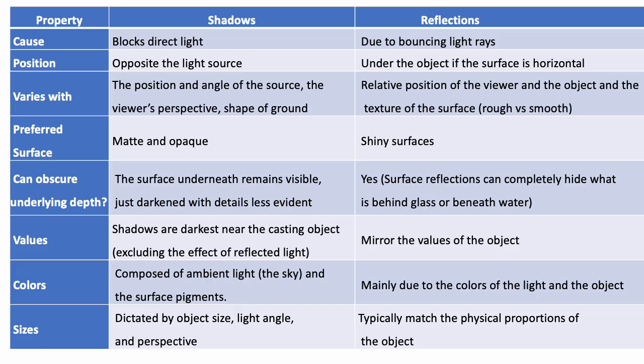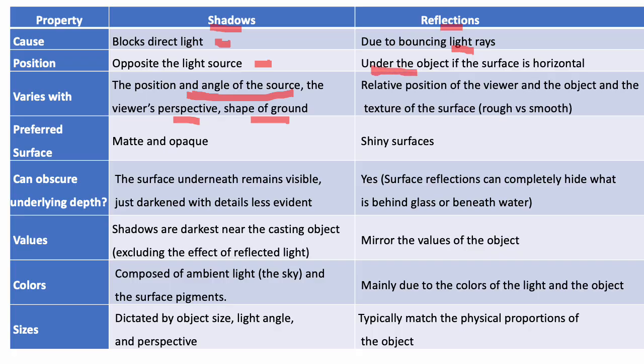This table summarizes the differences between shadows and reflections. Shadows are caused by a block of direct light, so it occurs opposite the light source, and it varies with the position and angle of the source, as well as the viewer's perspective and the shape of the ground. Whereas reflections are due to bouncing light rays, so if the surface is horizontal, the reflection is underneath the object.